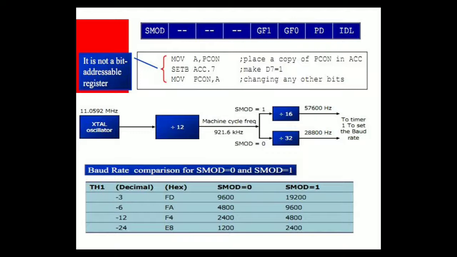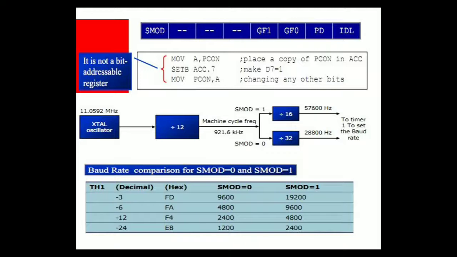You can observe in the slide that when TH1 is loaded with -3, or in hexadecimal FD, when SMOD is 0, the baud rate we achieve is 9600. For -6 it is 4800, for -12 it is 2400, and for -24 it is 1200 baud rate.